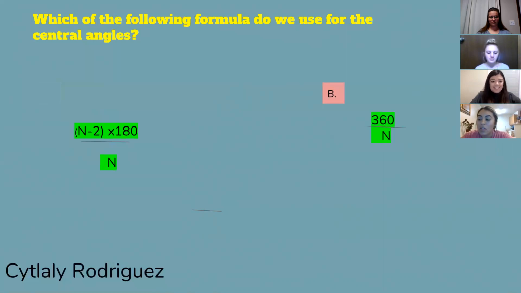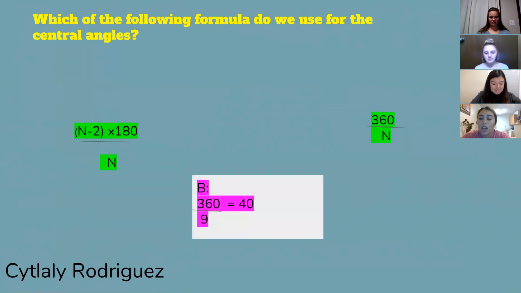The triangle in the middle is referred to as the center. This is why it's called central angles. In order to find that measurement, we would use the formula 360 divided by n, where n equals the number of sides of the polygon, and 360 is what the whole shape adds up to. Therefore, 360 divided by 9 equals 40.